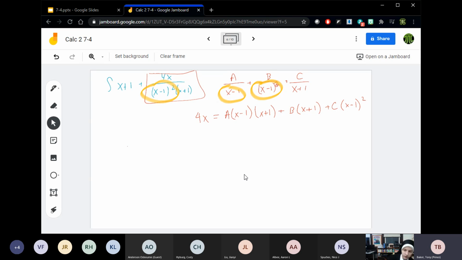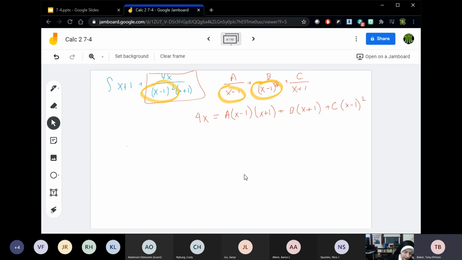Because remember, the whole goal is to get back to that original fraction. So the original fraction had an x minus 1 squared in it. So if I just left them as both a over x minus 1 and b over x minus 1, they already have a common denominator. I never have to make them squared. So that's why one of them has to be the x minus 1 squared. Otherwise, you won't get that piece.